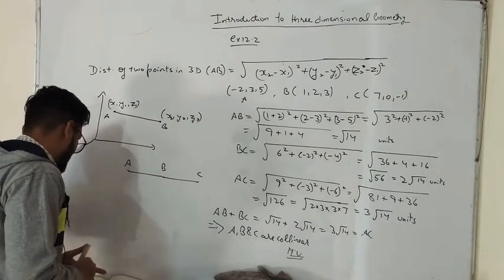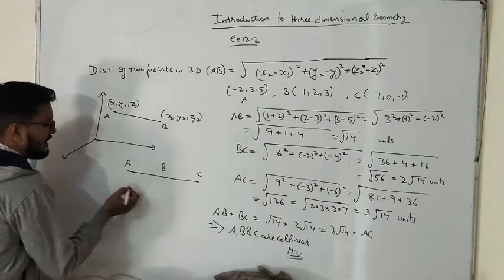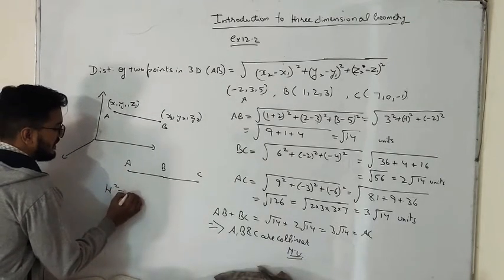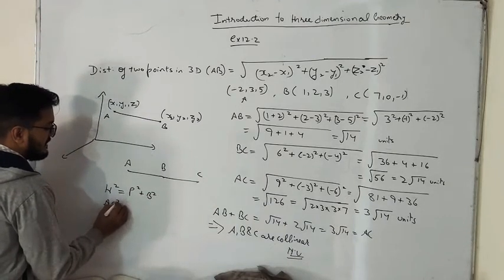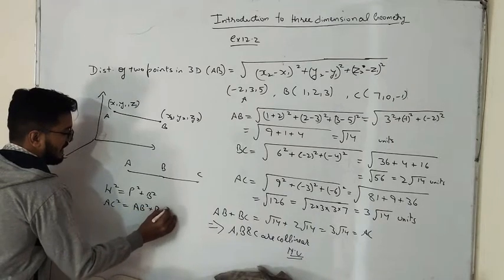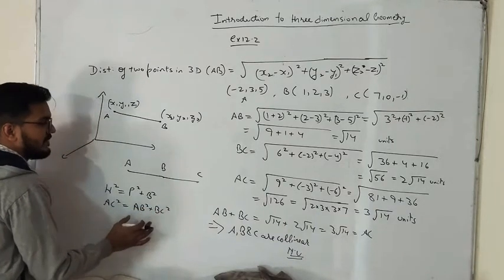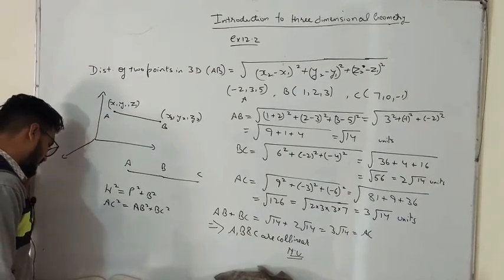For a right angle triangle, the hypotenuse square should be equal to P square plus B square. So we can say AC square should be equal to AB square plus BC square. If something like this comes out, then that means the triangle is a right angle triangle, right?